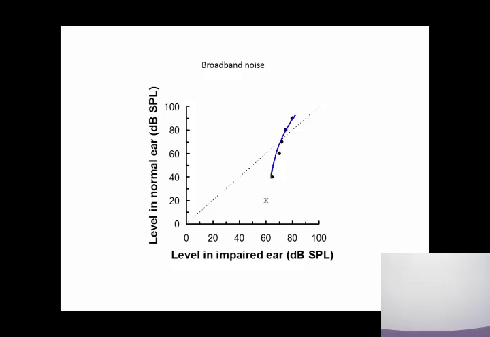So 60 decibel loudness range, which is all the range between quiet and very loud, he has only got 10 decibel left to put all of that. And this is what's typically called recruitment.